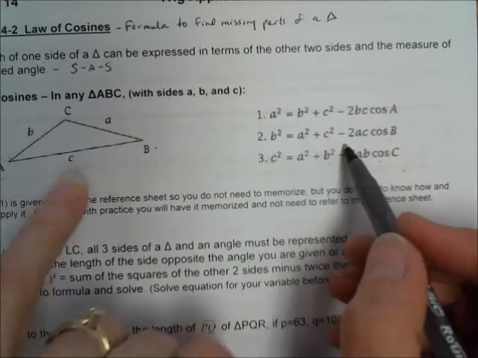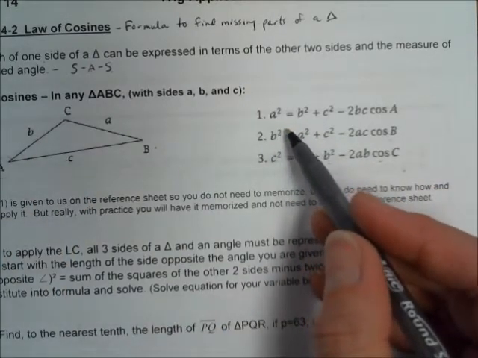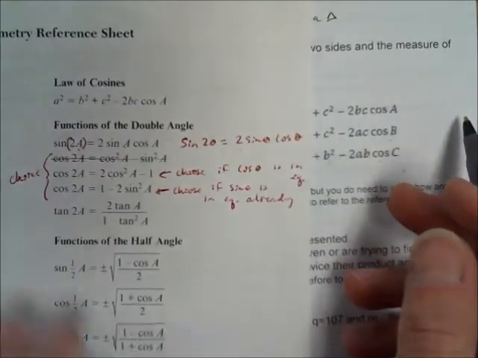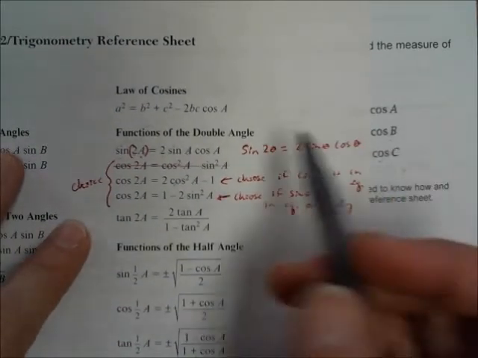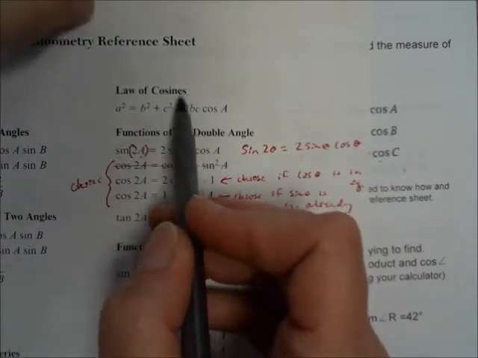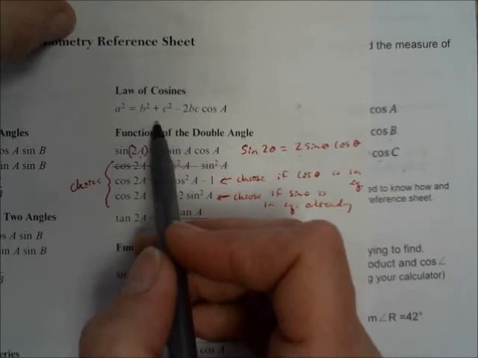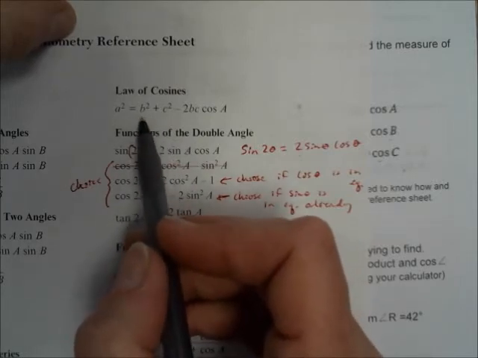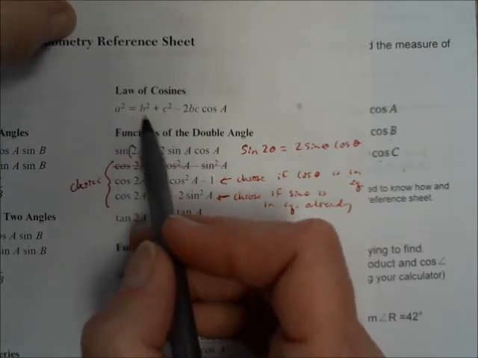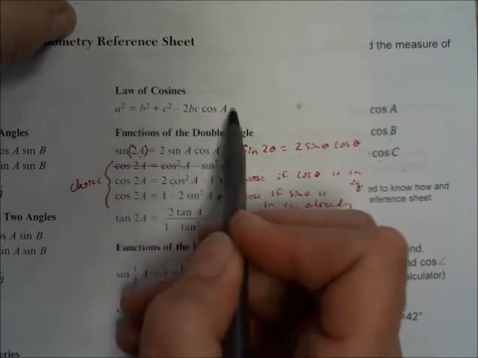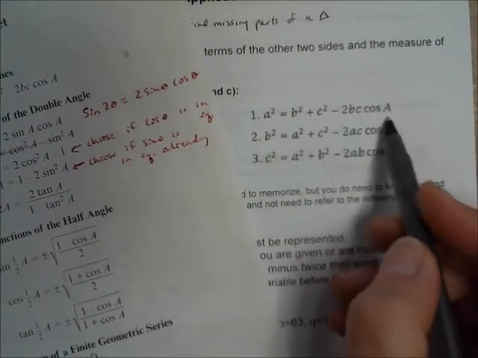Well, lucky for us, we don't have to memorize the law of cosines, because if you take a look at your reference sheet, there's something up here called the law of cosines. You'll be given this reference sheet no matter what test or quiz you're given, but it's only this first version that they give you.